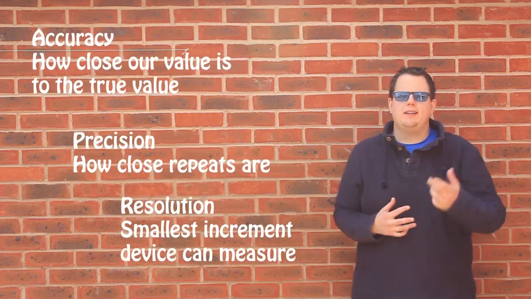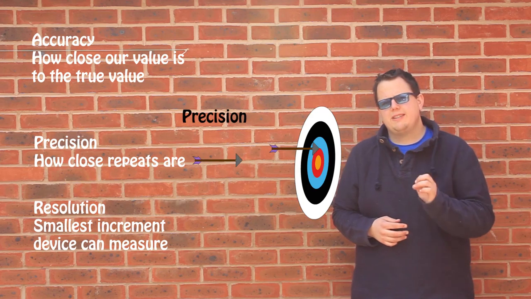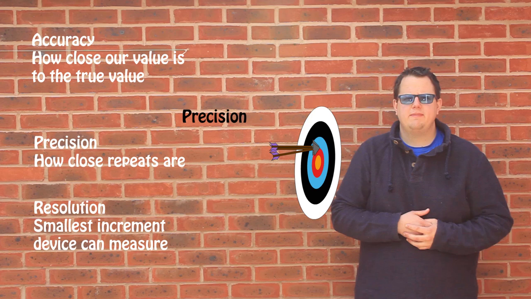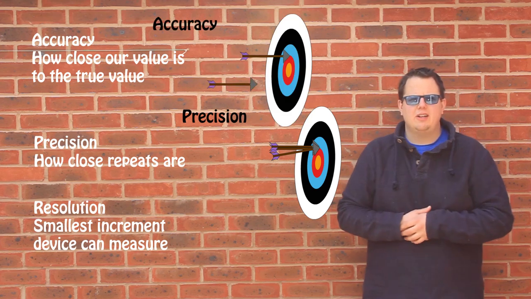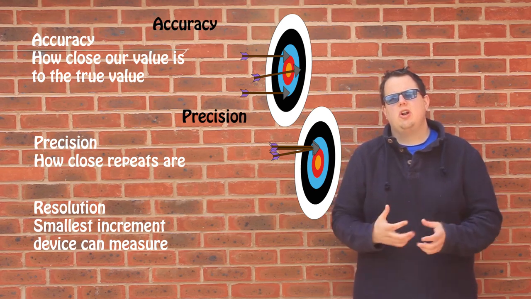The easiest way I think of to remember these is to link them to an archer. Precise archers land their arrows close together. Accurate archers, on average, land their arrows close to the target.